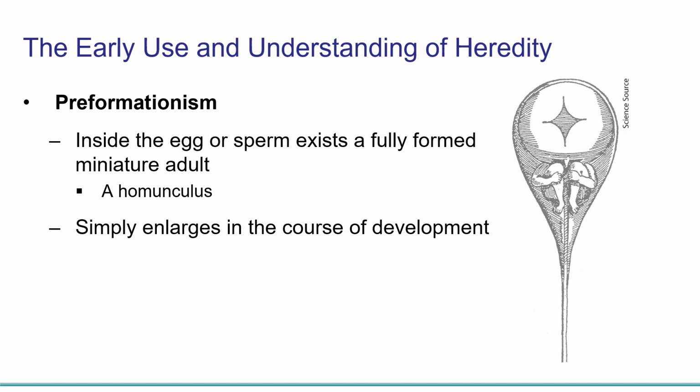This little structure is called a homunculus, which is kind of funny. There's a little diagram here on the right showing the homunculus with a giant head that I don't quite understand. But if you think about this one, it sort of makes sense. A baby is born formed, and individuals, doctors and whatnot, probably saw premature babies.